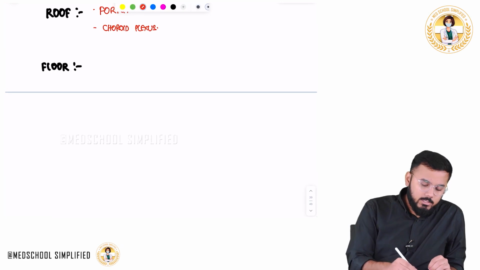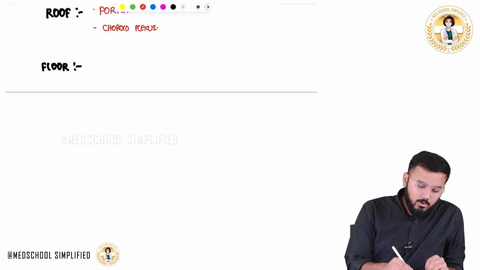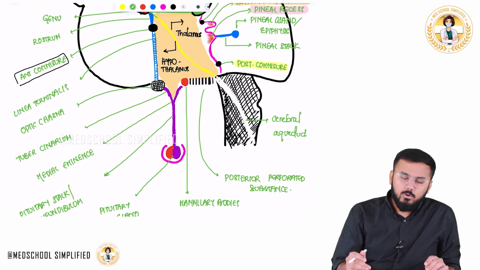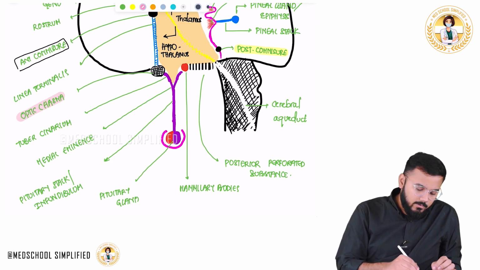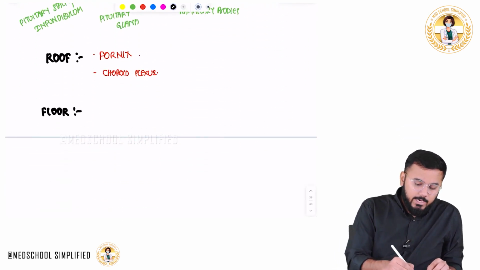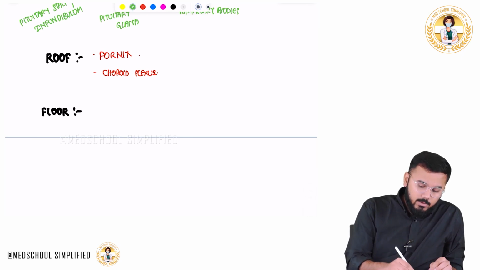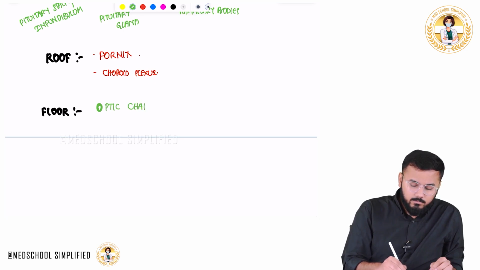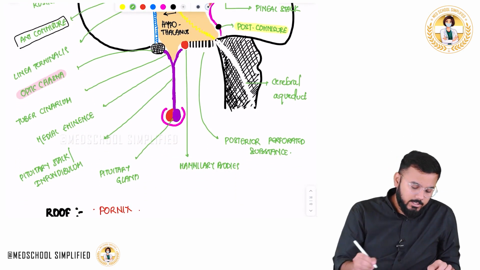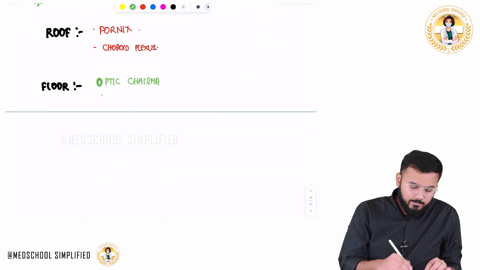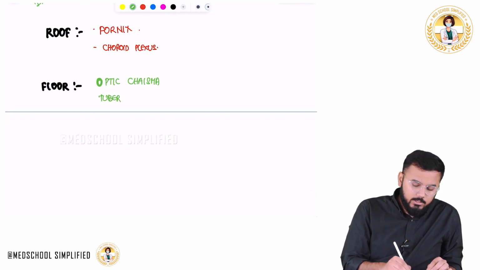So let us see here, what are the structures that are forming the floor of your diencephalon? The first important structure which forms the floor is this one, that is your optic chiasma. Okay, so let us write it down. Optic chiasma forms the floor. After the optic chiasma, the next important thing over here is tuber cinereum.